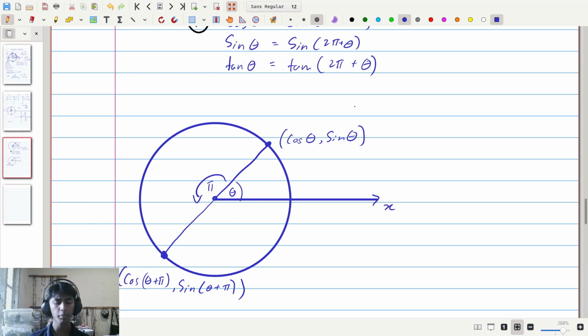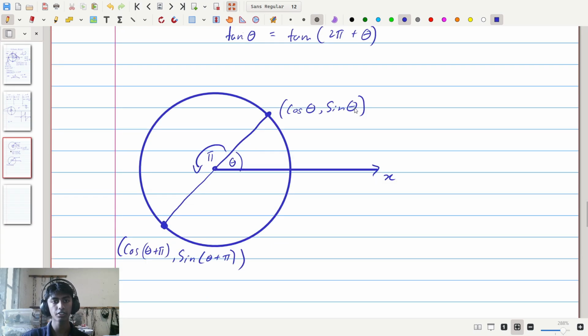So now let's consider the properties of this point. At this point, we have turned a full 180 degrees around the circle, a full pi radians, and we can see some interesting symmetries happening. If I draw this line like this, you can see this distance here and this distance here are equal, this distance here and this distance here are equal.